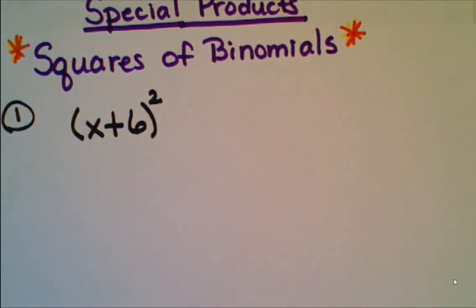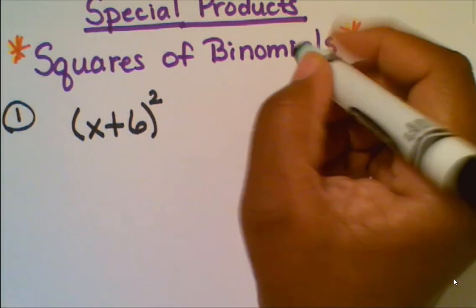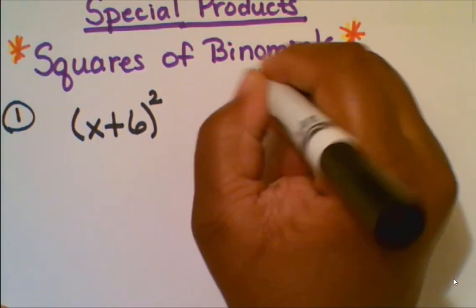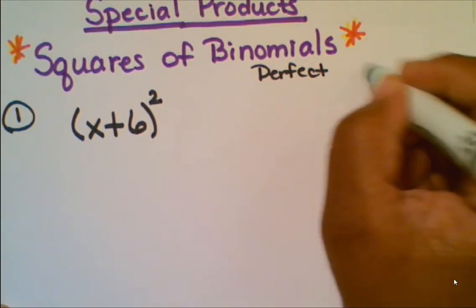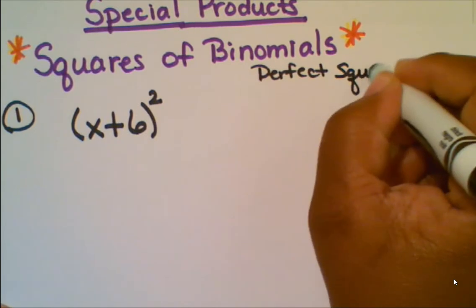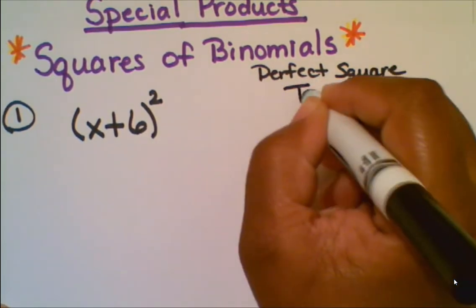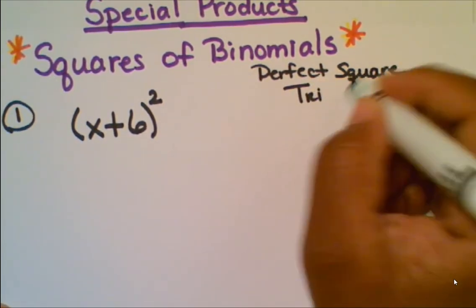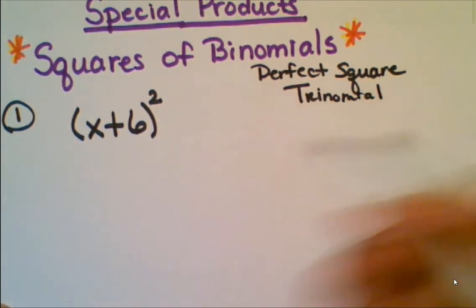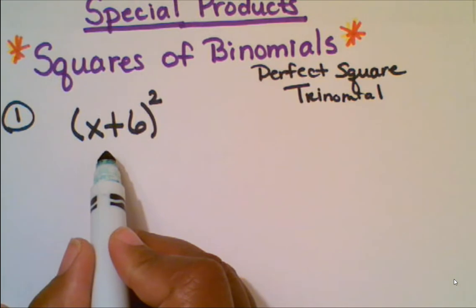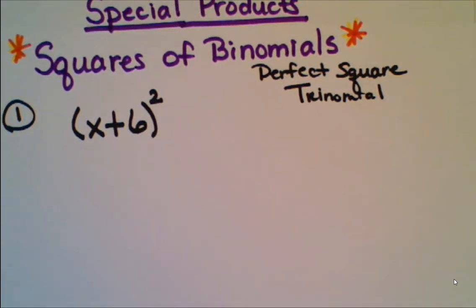What's going to take place as you look at your property for squares of a binomial, it becomes a perfect square. Your solution becomes a perfect square trinomial. So you may be asking yourselves, how does this binomial expand to a trinomial?